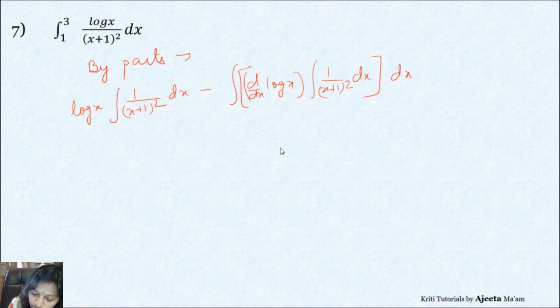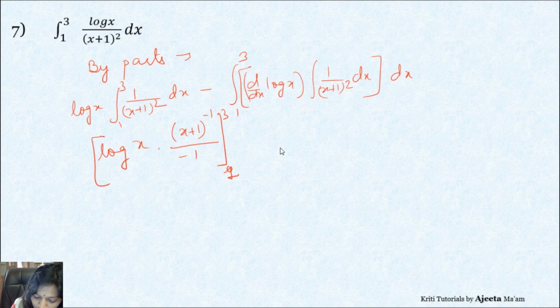Now let's move on. What do you get here? Log x. Now what about the limits? Limits will continue. Okay, we will apply the limits after integration. So here we get (x plus 1) raised to minus 1 upon minus 1, and the limits will be from 1 to 3, and the limits will apply with log x also and with this also.